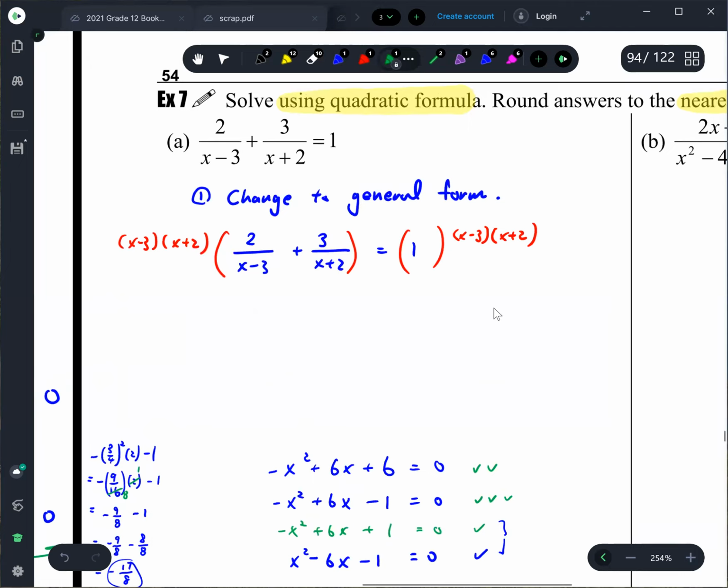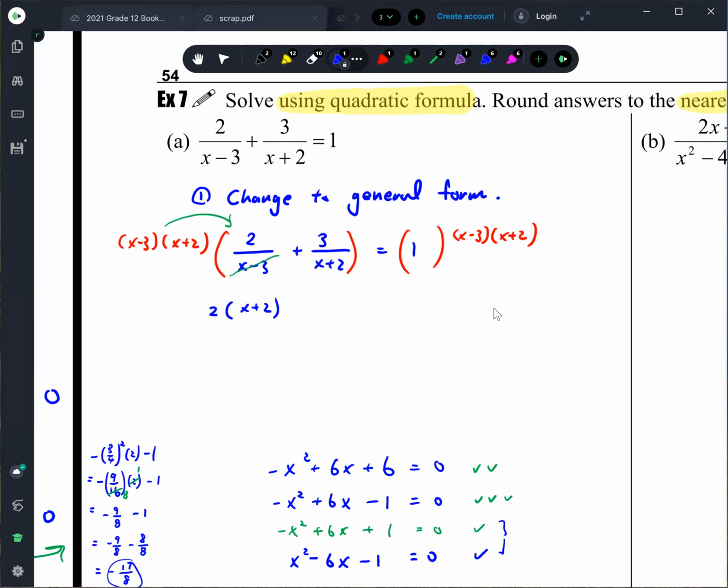So we take the outside and multiply with the first fraction. So x minus 3 is supposed to cancel out, right? So you should be left with 2x plus 2. Okay? And then if you multiply the denominator with the second part, the x plus 2 will cancel out.